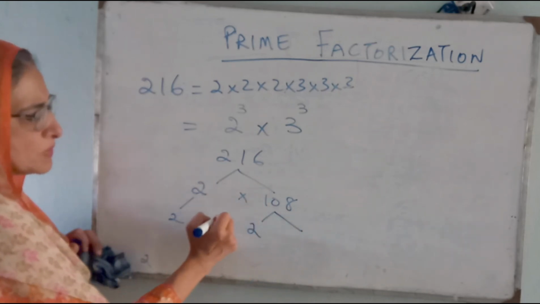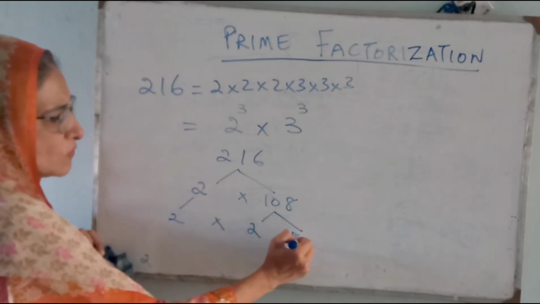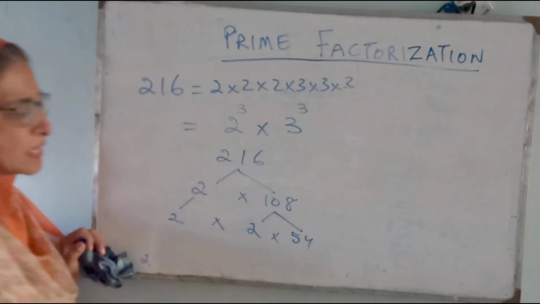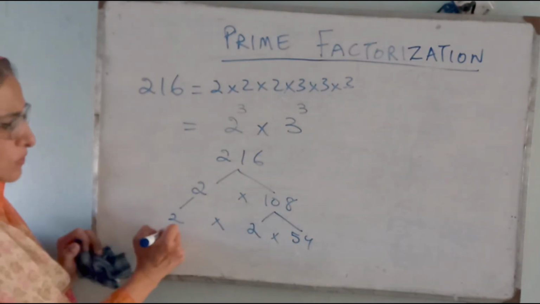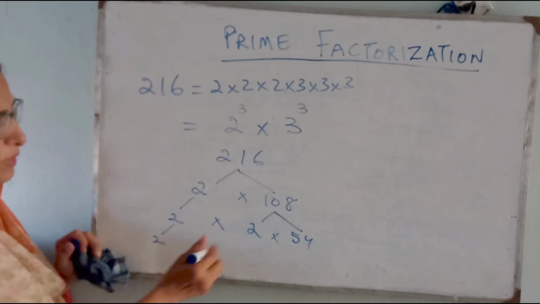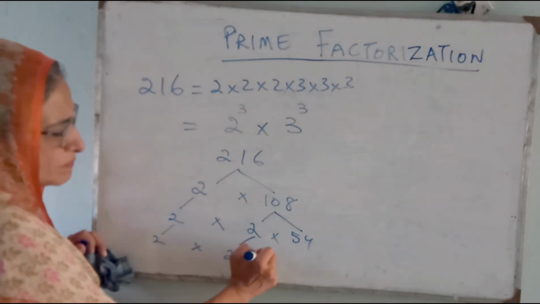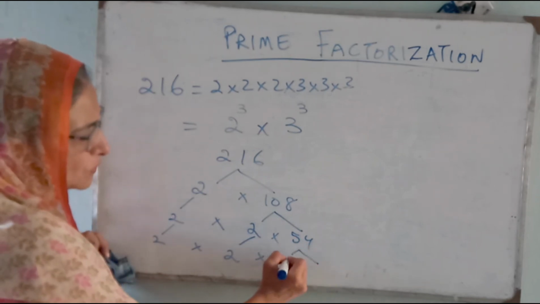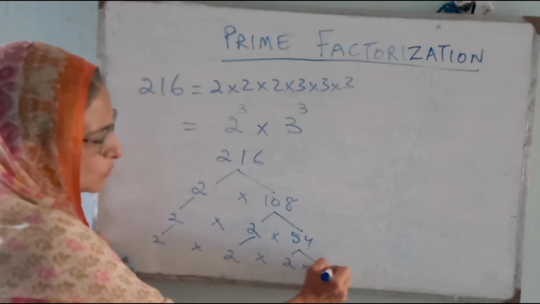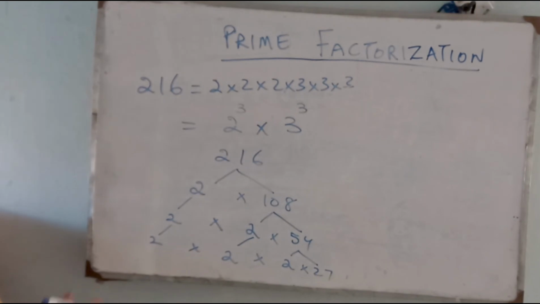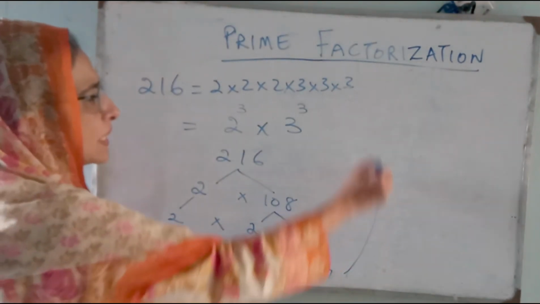There should be a multiplication sign in the center, 54, right? And then I cannot divide this 2, this is going to come as it is. This 2 is going to come as it is, and 2 more branches for this, 2 multiplied by 27.